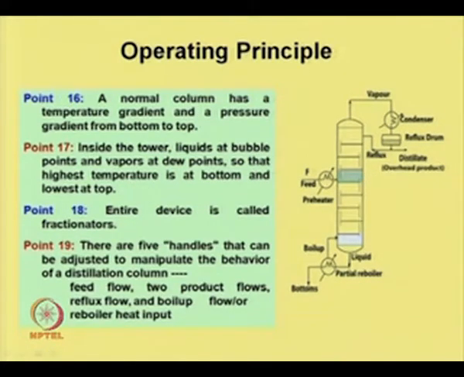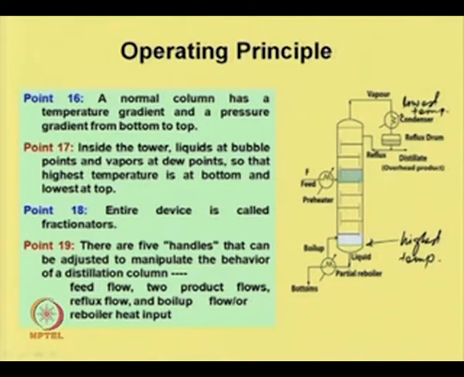So, in normal operation the column has a temperature and pressure gradient throughout, from bottom to top. Inside the tower, liquids are at their bubble points and vapors at their dew points. So, the highest temperature is at the bottom and the lowest temperature is at the top.